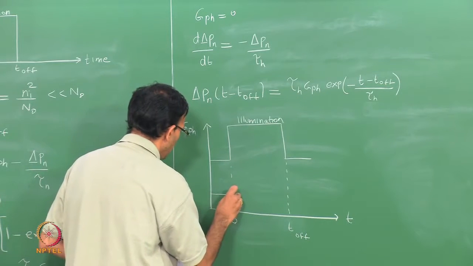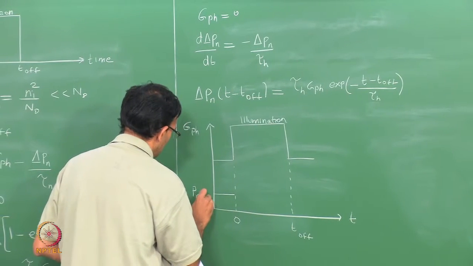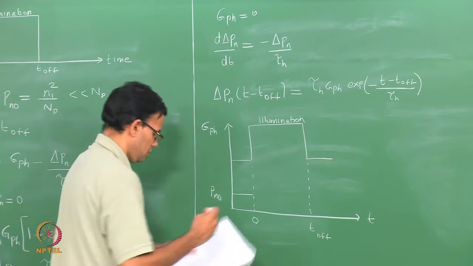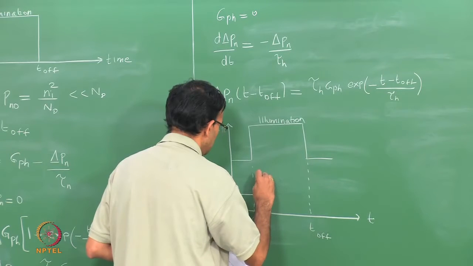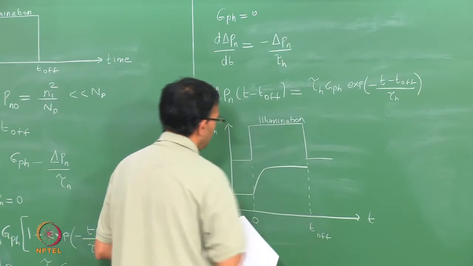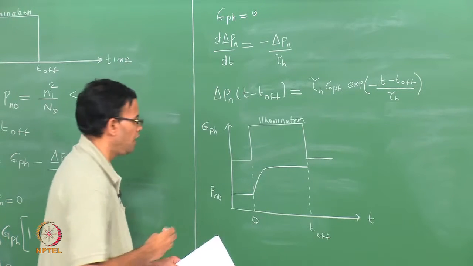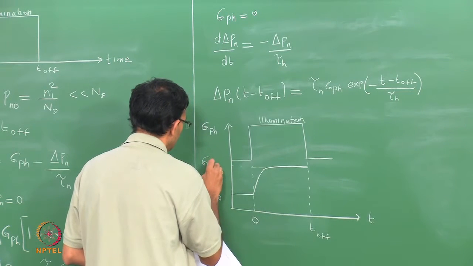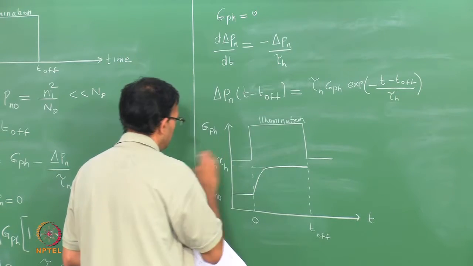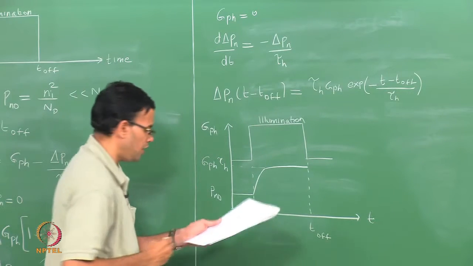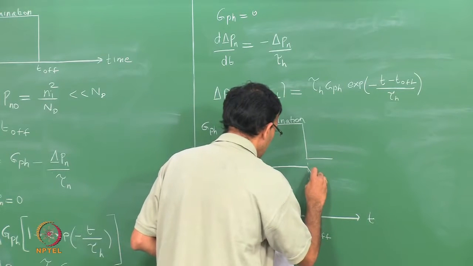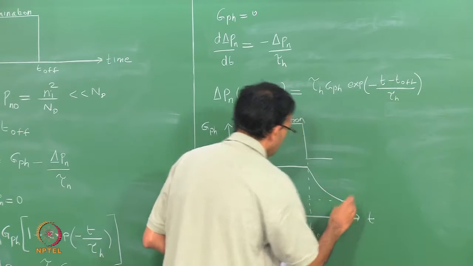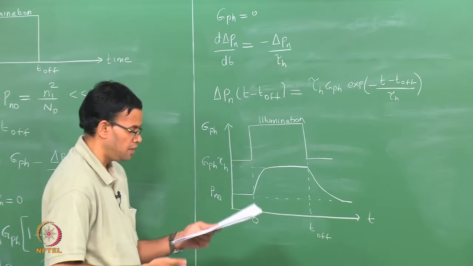Initially your hole concentration is just the equilibrium concentration. When you turn on the light, the concentration starts to increase, and then it becomes a constant when you have steady state. The steady state value is Gph times tau h, and then when I turn the light off, it decays exponentially until it reaches back the steady state.